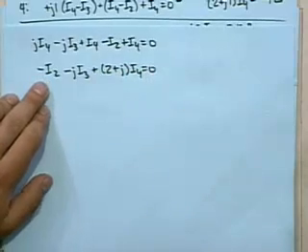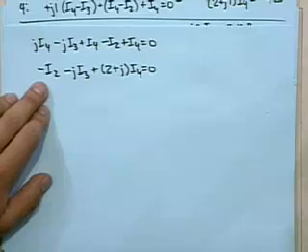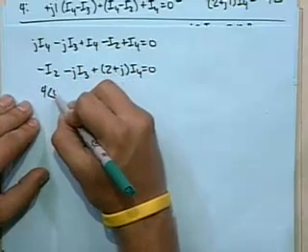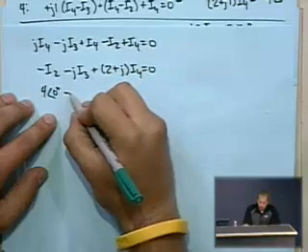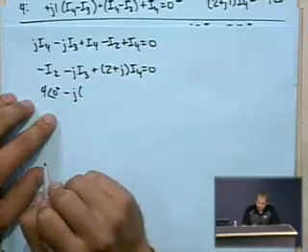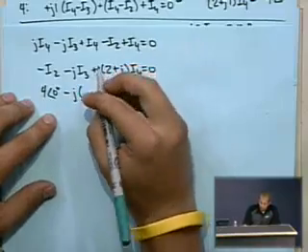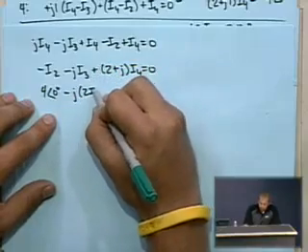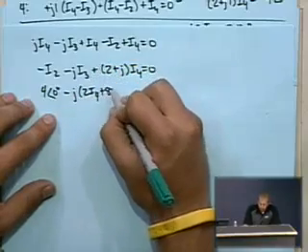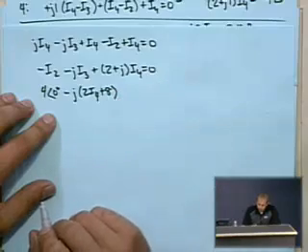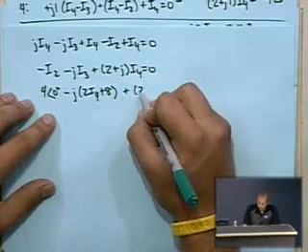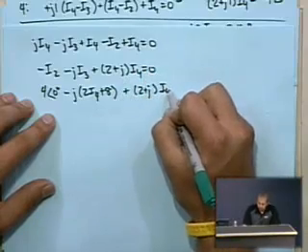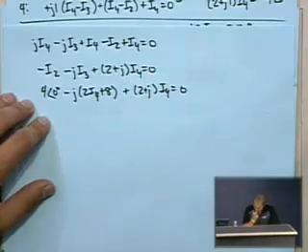So negative I2 should give us 4 at an angle of 0 degrees because I2 was a negative 4. This is J times I3, and I3 is 2I4 plus 8, plus 2 plus J times I4 equals 0.